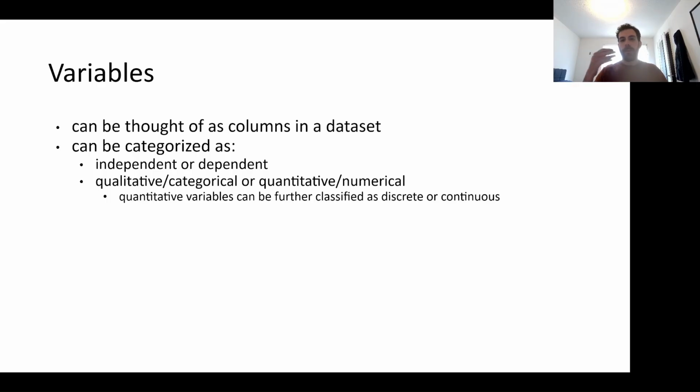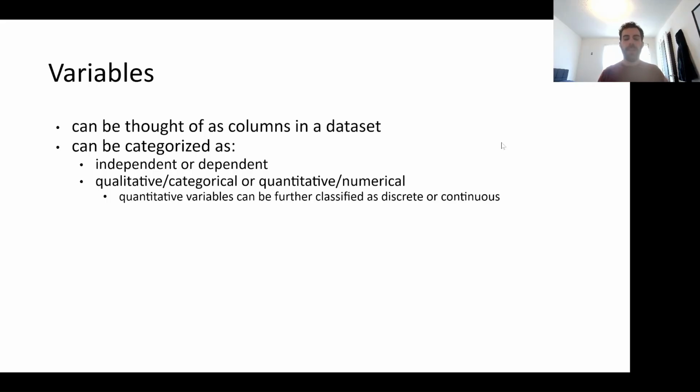And you can actually further classify them. Specifically, quantitative variables can be further classified into discrete or continuous, which we talked about in last lecture very briefly. Continuous just means there's a range of values and it can take on any value within that range.